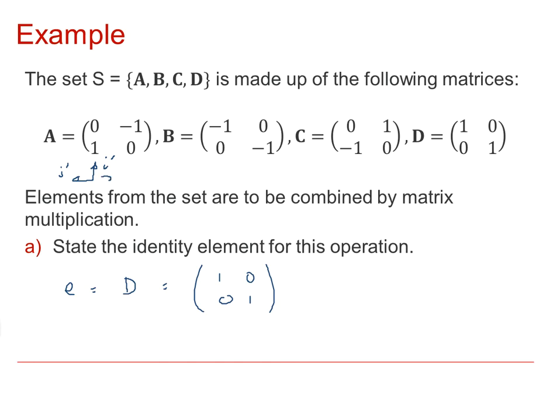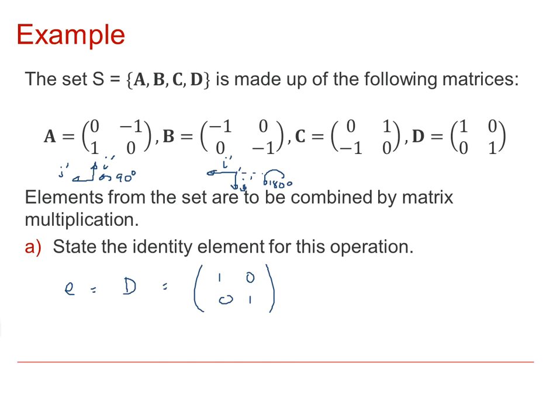So that's a rotation of 90 degrees in an anti-clockwise or positive direction. -1, 0, 0, -1 in B, that gives us J dashed there, and I dashed to the left, and that's a rotation of 180 degrees.